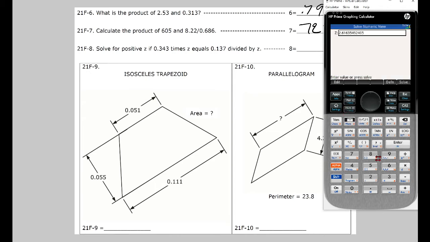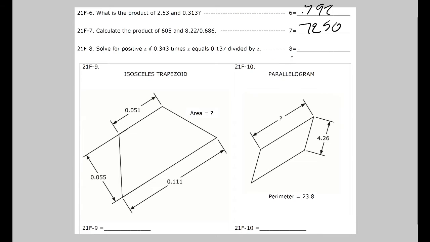So we give a guess of 5, and solve. And our resultant answer is positive z, so positive z is 0.632. Of course, if they asked for negative z, we would just have to throw in a negative guess. Usually like -5 or something will work just fine.